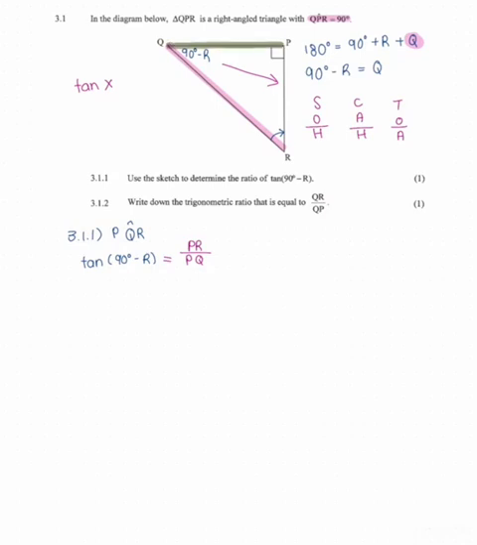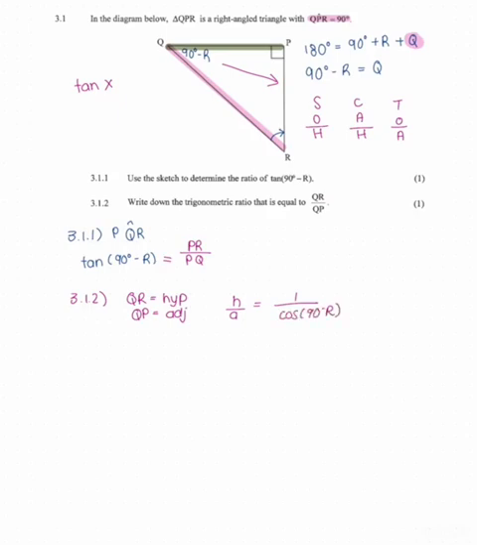Great. Now, QR is the hypotenuse, all right? So for 3.1.2, QR is actually your hypotenuse. And we know that QP is our adjacent. So we have H over A, which is the opposite of cos of that specific angle.